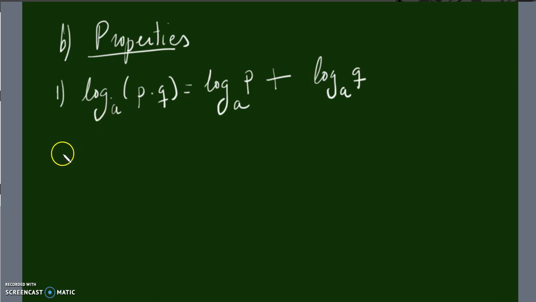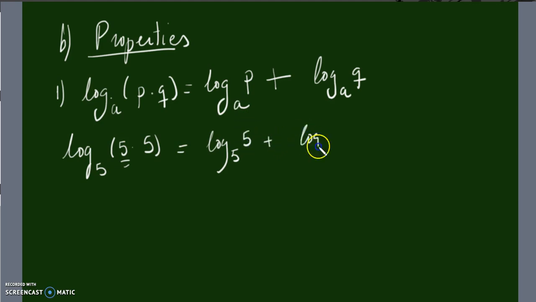For example, if you have the logarithm with base 5 of 5 times 5, you can write this as the logarithm with base 5 of the first factor, 5, plus the logarithm with base 5 of the second factor, that is 5.